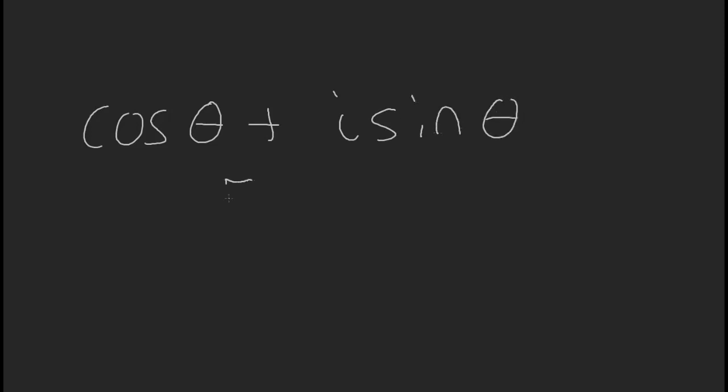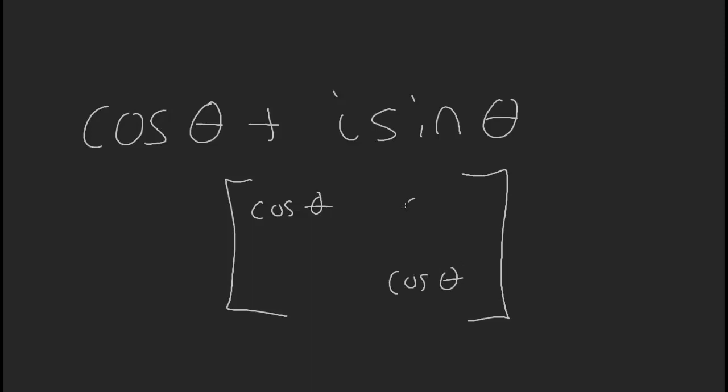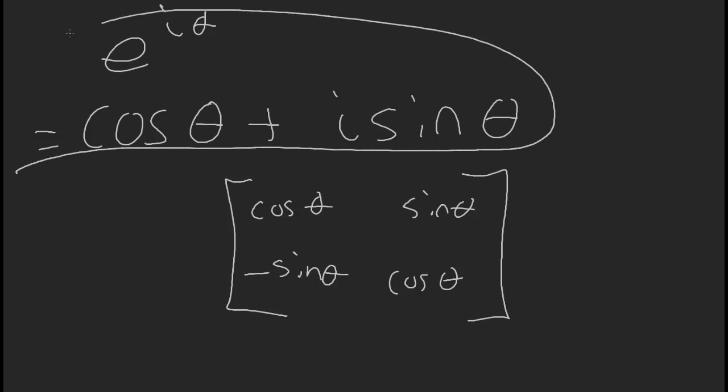So that is also cos theta, sine theta, minus sine theta, cos theta. These are also the same thing, and this is Euler's formula. You don't even need to remember this stuff anymore.